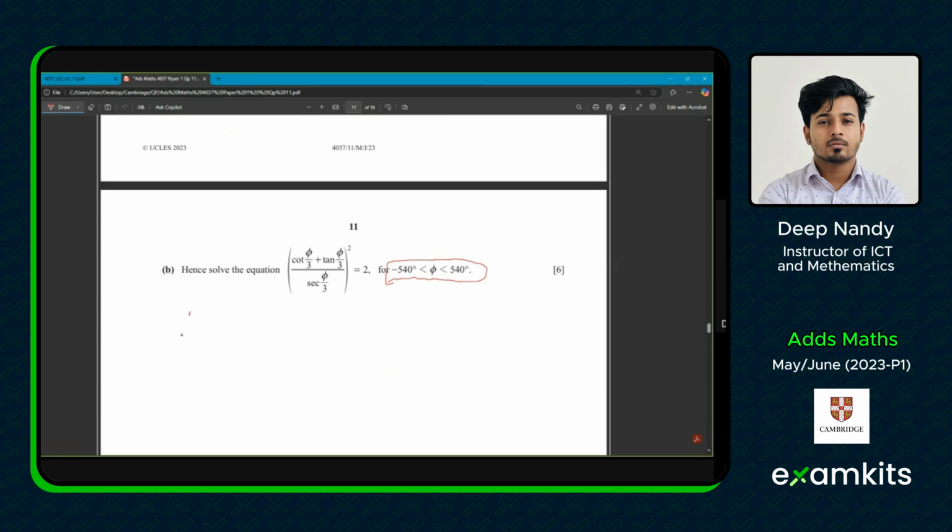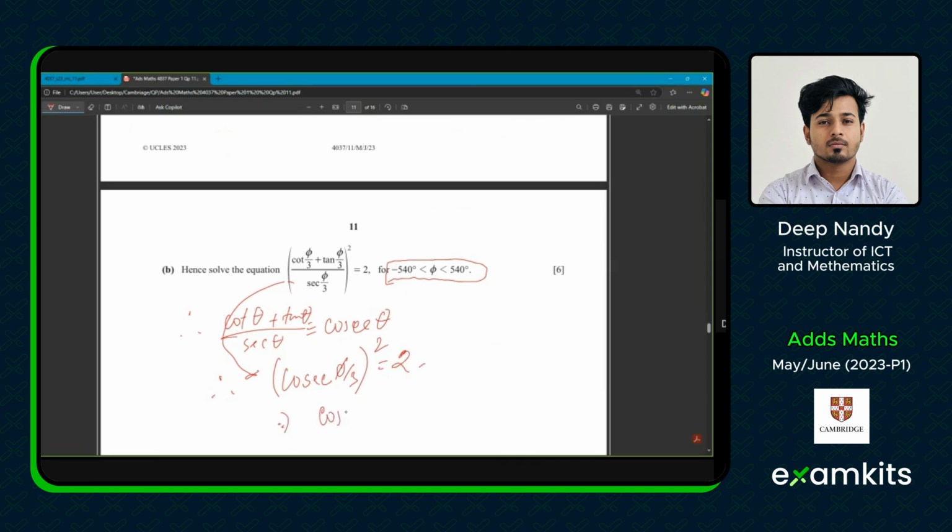On the previous part, we have seen that cot theta plus tan theta divided by sec theta is equivalent to cosec theta. From this, we can write this equation as cosec 5 by 3 whole square equals to 2.